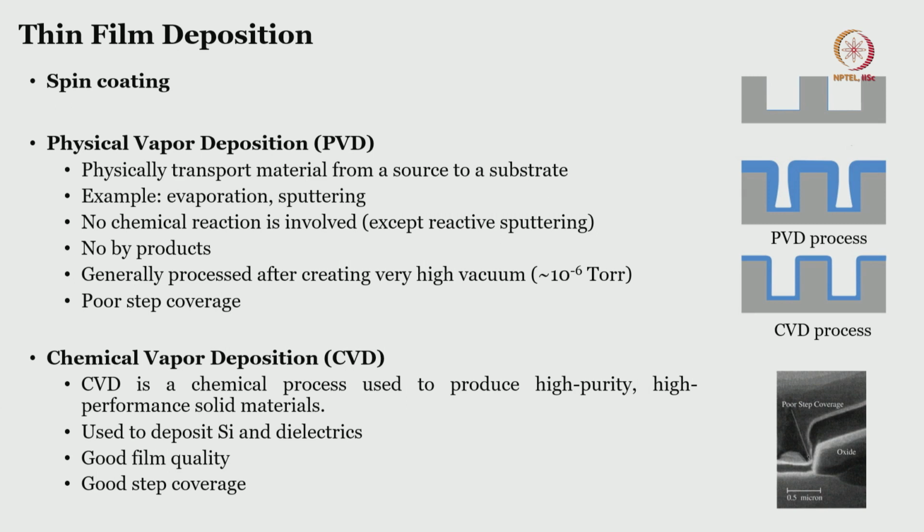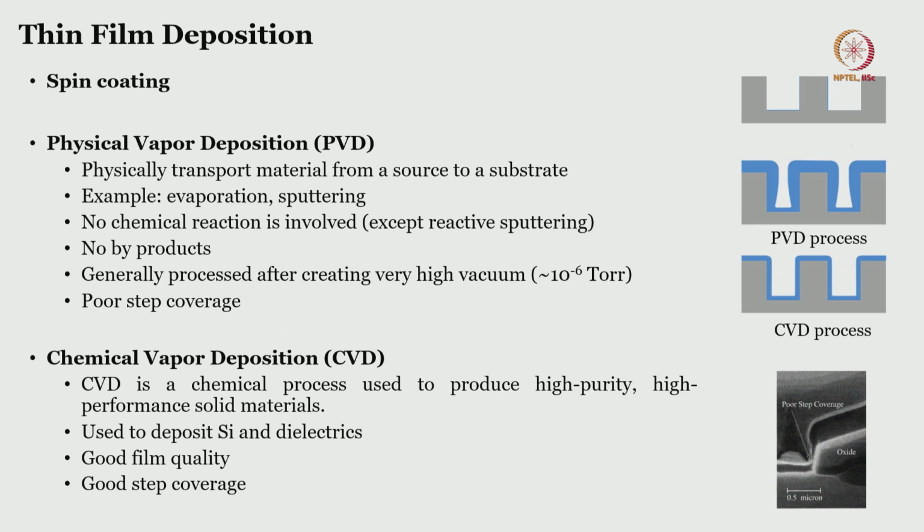No chemical reaction is involved except in reactive sputtering. No byproducts are generally there, and it is generally processed after creating a very high vacuum. The limitation is the poor step coverage.